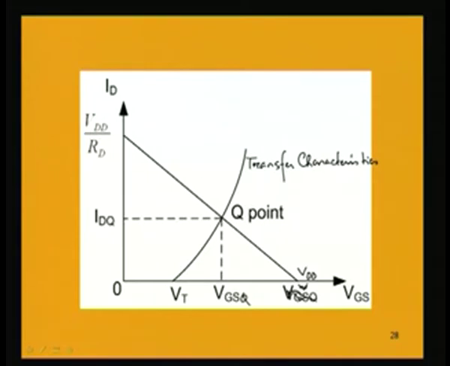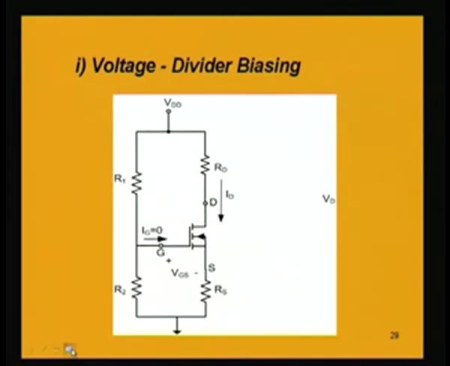So, we know the DC value of the gate to source voltage and the drain current from this Q point. This Q point selection must be properly done, so that during amplification we have the saturation condition maintained for the amplifier. This is one biasing scheme.